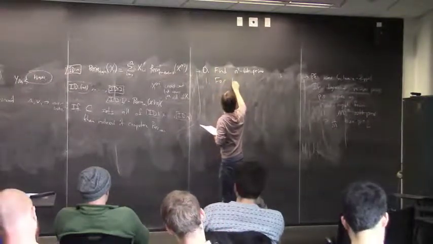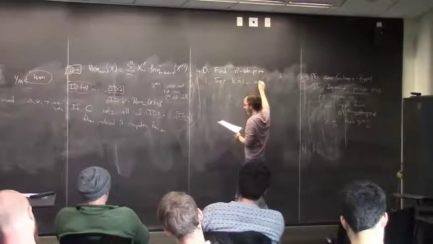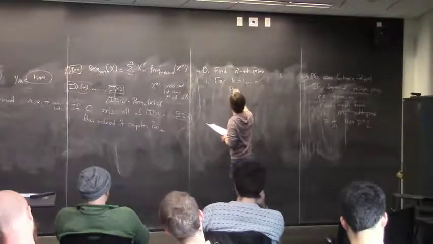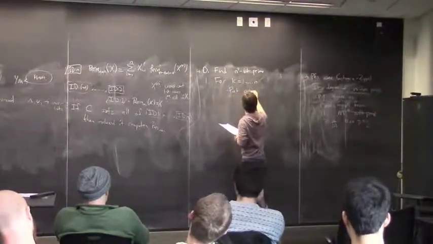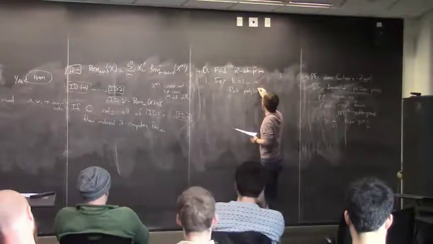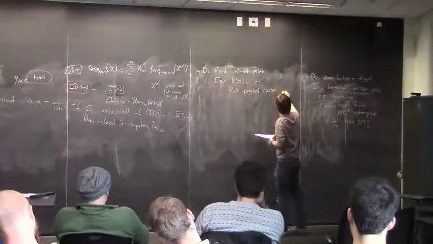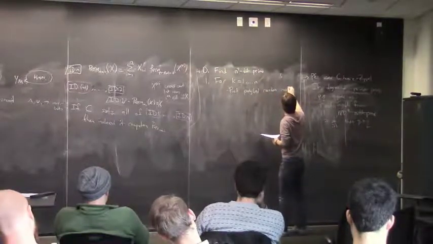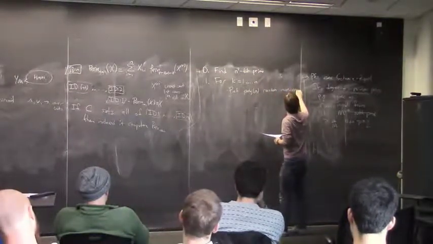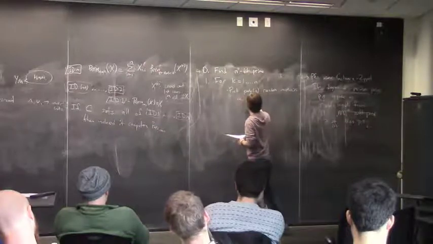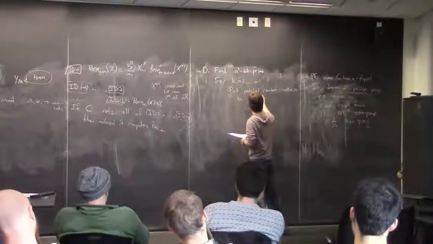So for k equals 1 up to n, pick some poly(n), like n cubed or n to the 10 or something, random matrices in Z mod p to the k by k.